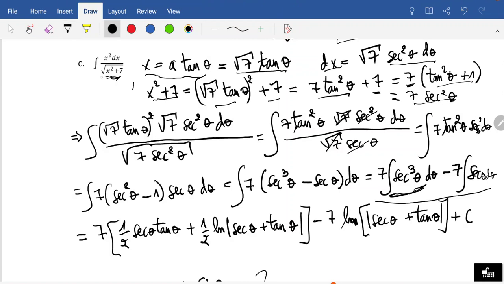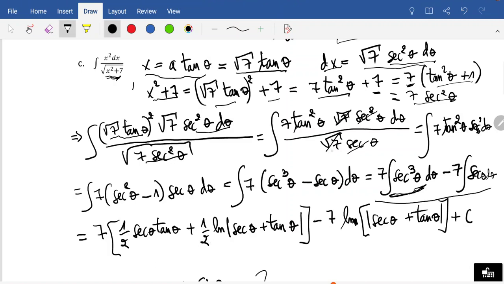Taking it back to the original integral, we have x squared is just equal to root 7 multiplied by tan theta all squared, and our dx, we found that it was root 7 multiplied by sec squared d theta, and the square root of x squared plus 7 will just be the square root of 7 sec squared theta, right?